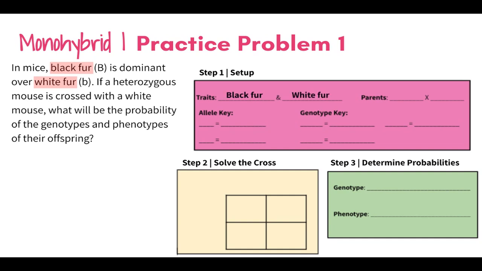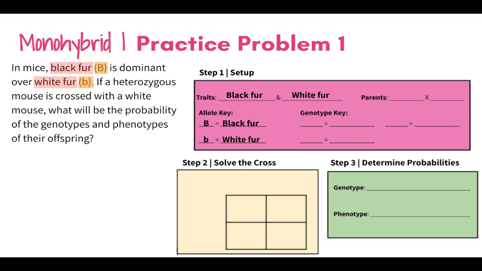Now with those two traits, that being the phenotype, meaning again what's physically expressed, is because of the different alleles. The black fur is going to be the result of the dominant allele, white fur the recessive. If we transfer that over into our key, capital B represents black fur, lowercase b is going to be our white fur.